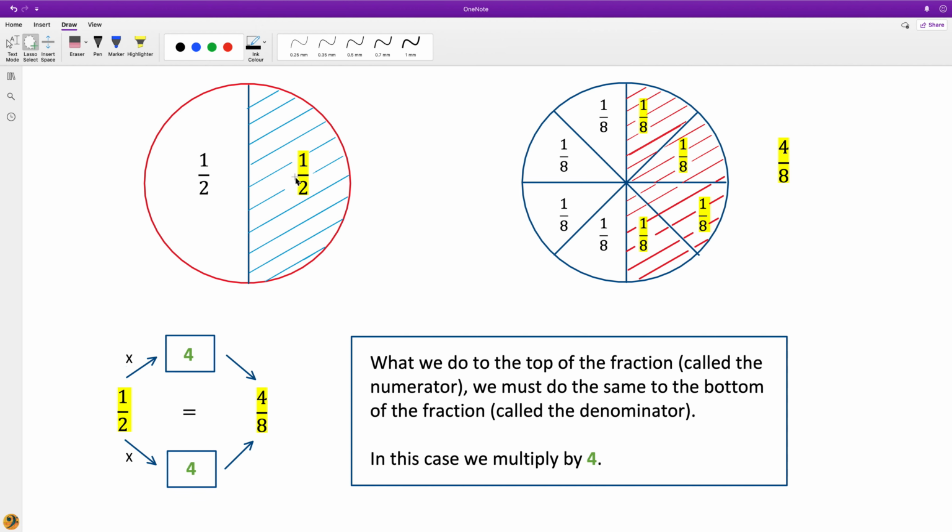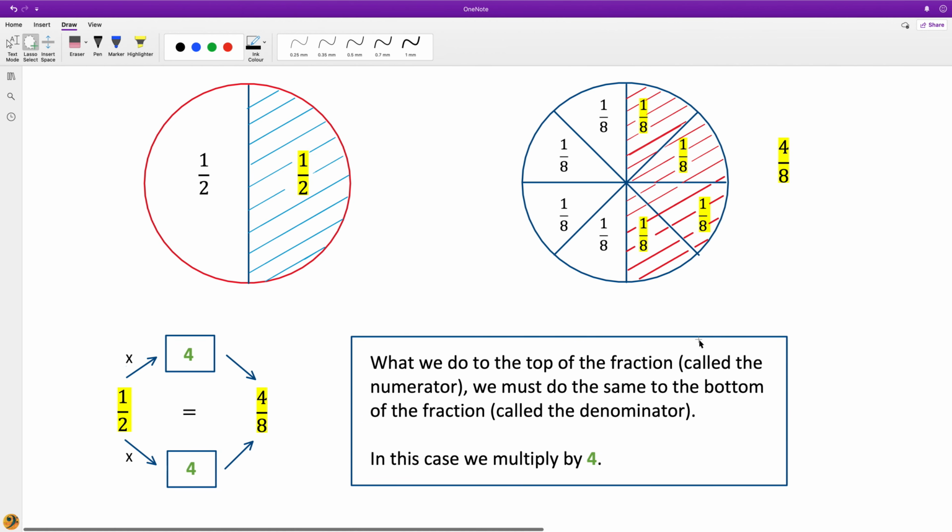Okay, but as you can visually see, 4 8ths is exactly the same size as 1/2. It is still 1/2 of this circle. It's just represented with a different numerator and a different denominator, but it's the same size and the same ratio. All right, so 4/8, as you can see visually here, is an equivalent fraction of 1/2.